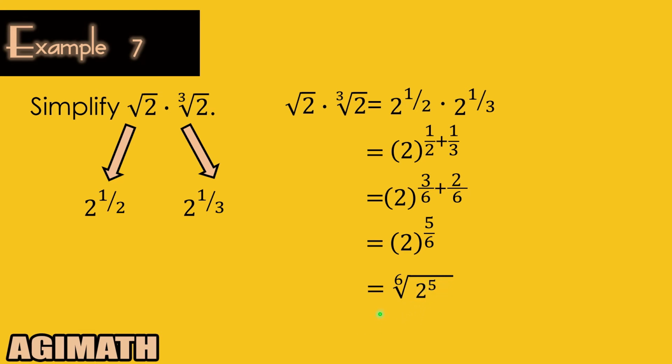And since 2 to the power of 5 can be simplified into 32, then that's the final answer. Why 32? You do it this way: 2 times 2 times 2 times 2 times 2. So there are 5 2's, that is equal to 32. And that's it. Let us now proceed to the last operation.